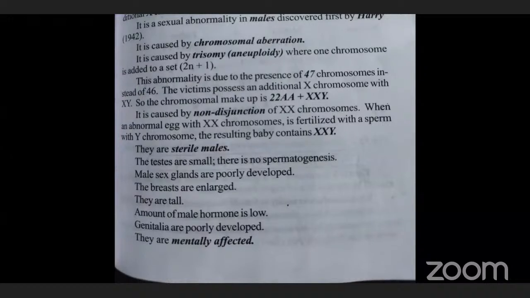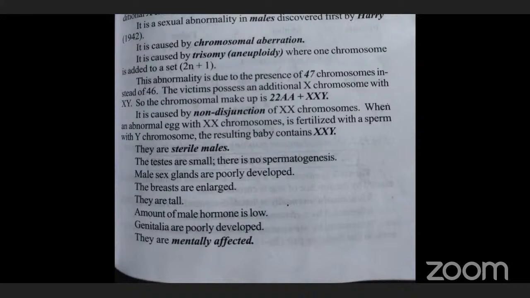Klinefelter syndrome was discovered by Harry Klinefelter in the year 1942. Klinefelter syndrome is caused by chromosomal aberration, specifically aneuploidy. In Klinefelter syndrome, one chromosome will be added, so 2n plus 1.